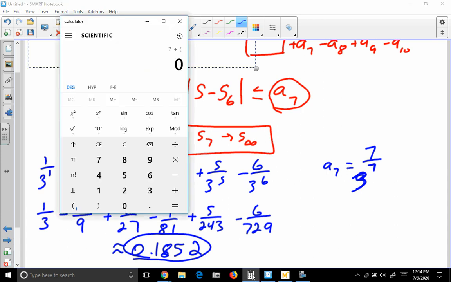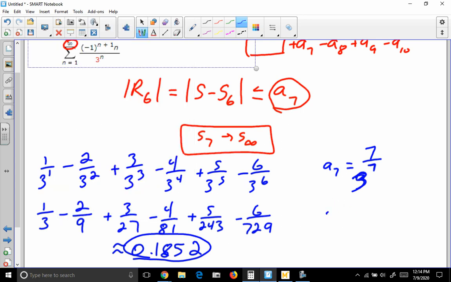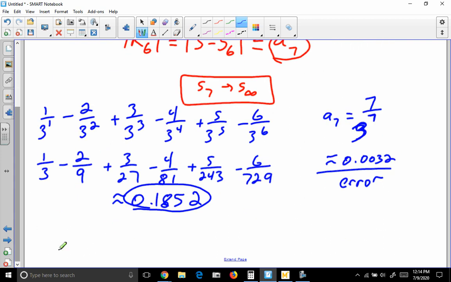So if we do 7 over 3 raised to the 7th power, 0.0032. So that's the maximum amount of error. It could be that we have less error than that. So our error is going to be either that or smaller.